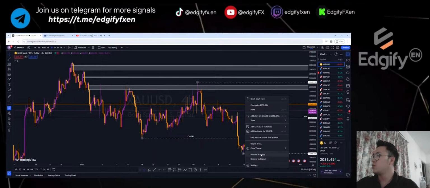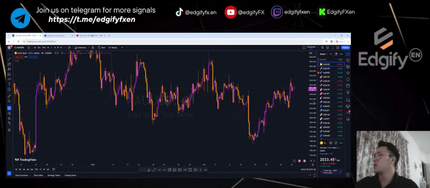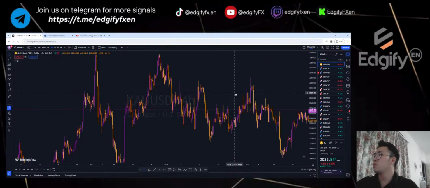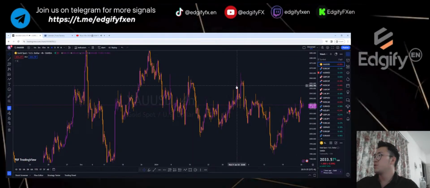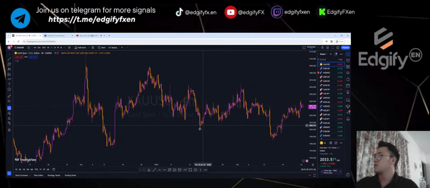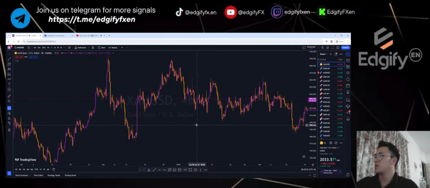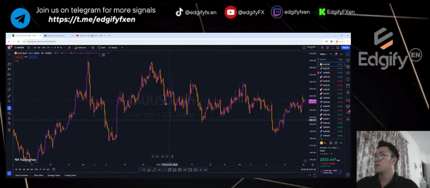So for gold, I will redo everything again so that you guys would know what I'm looking at. This is gold on the 4 hour. We do see prices moving towards the downside, right? Let's just do a quick marking of the zones here.